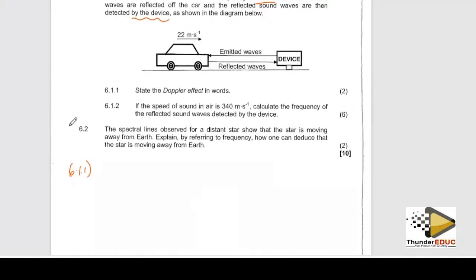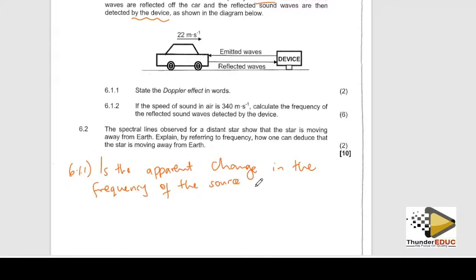Okay, so we say the Doppler effect is the apparent change within the frequency of the source when there is relative motion, relative motion, not motive, relative motion between the source and then the observer.